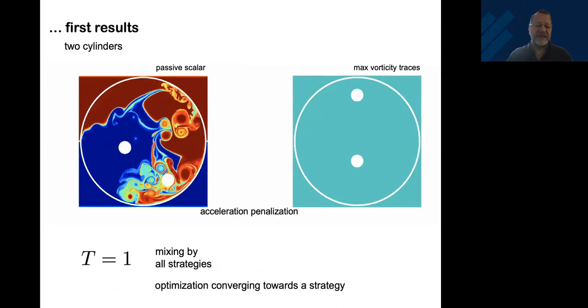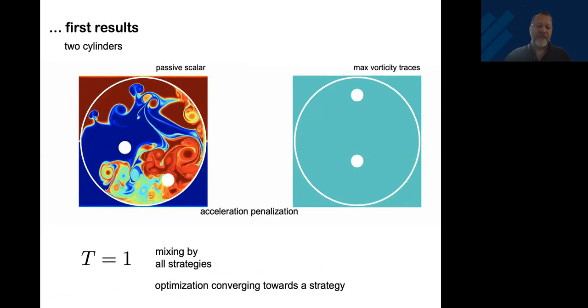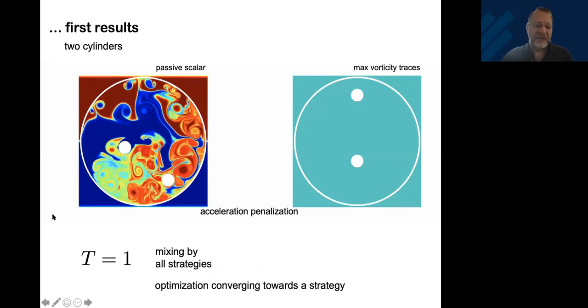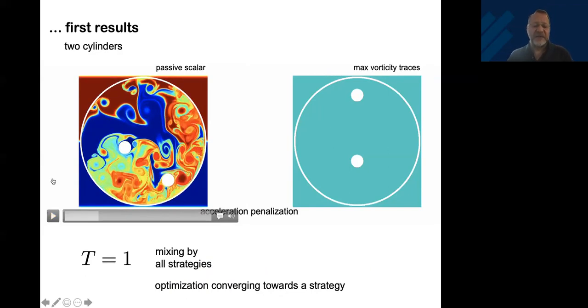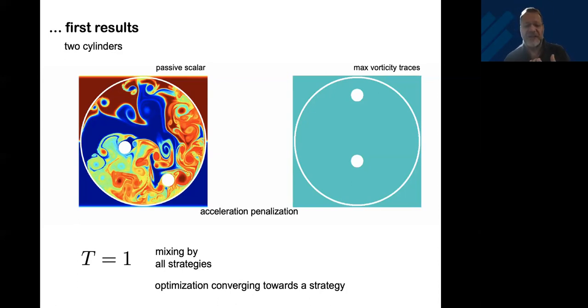Same thing. T is equal to 1. Actually, let me stop that one for a second. T is equal to 1, so we have a very short time horizon. We're going to penalize with, obviously, the governing equations. We also have a finite time horizon, T is equal to 1. We have a finite energy budget that we can spend over T is equal to 1.